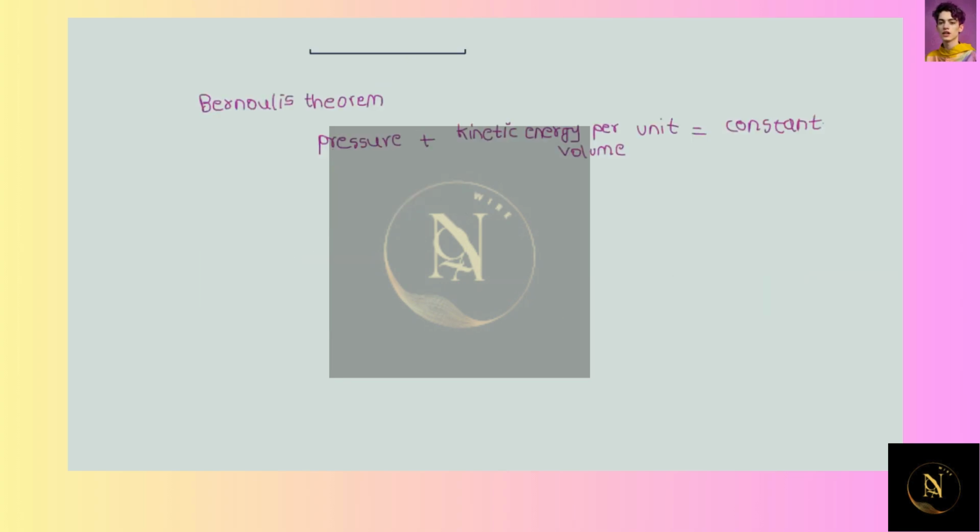It can be written as P1 plus half rho V1 square is equal to P2 plus half rho V2 square. On rearranging the terms, we get P1 minus P2 is equal to half rho times V2 square minus V1 square.